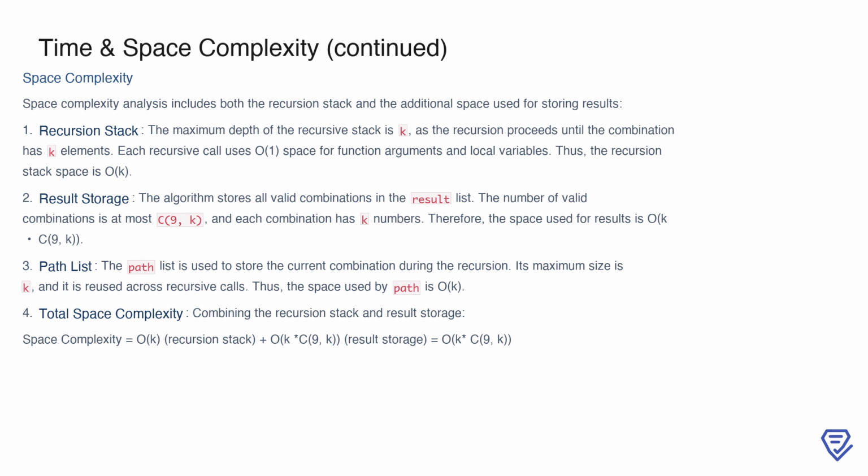Additionally, the path list, which holds the current combination during recursion, has a maximum size of k, and this list is reused across calls. The space for path is therefore O(k). Combining these, the total space complexity is O(k) for the recursion stack plus O(k * C(9, k)) for result storage, which simplifies to O(k * C(9, k)).